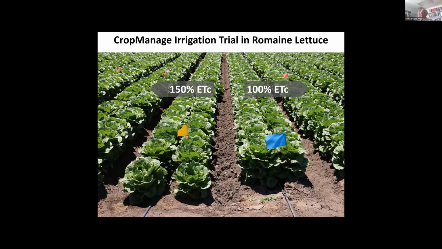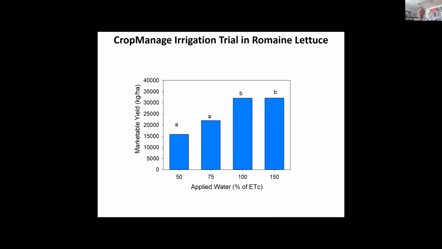Here's an example of romaine lettuce with the irrigation trial where we put on 100, as well as 150% of crop ET recommended by CropManage. And we also have treatments where we put less than 100% on there. And so we evaluate the yield, and what we want to see is that the 100% recommendation maximizes yield.